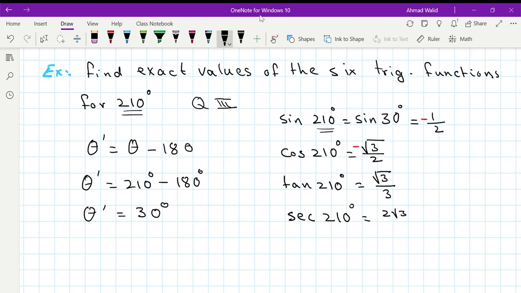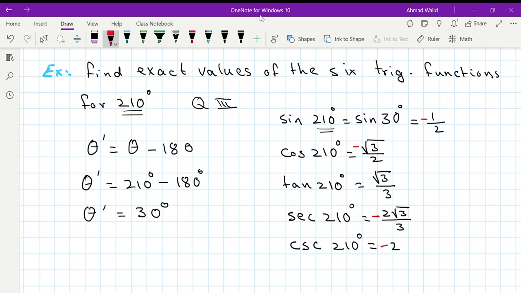You are in quadrant 3, and secant is the reciprocal of cosine, so it's also negative. Cosecant of 210 degrees equals the cosecant of 30 degrees, which is 2. Cosecant is the reciprocal of sine. If sine is negative, then cosecant is also negative.